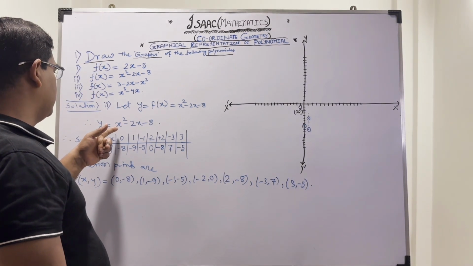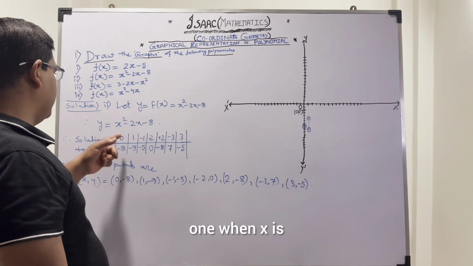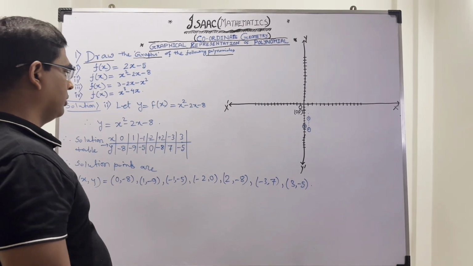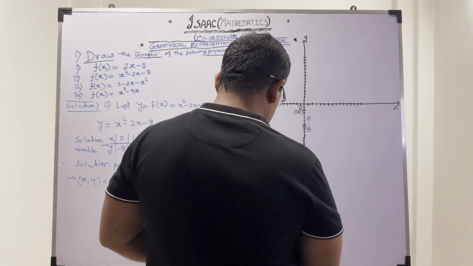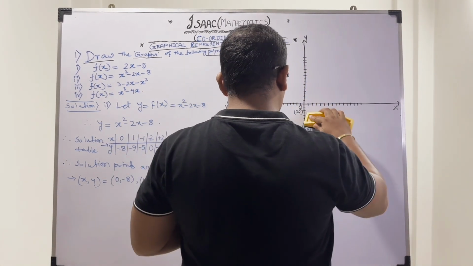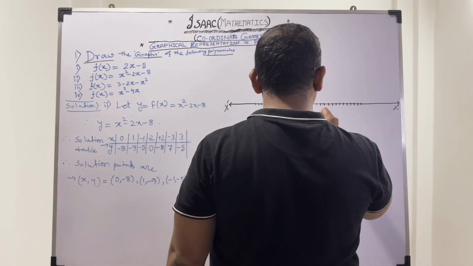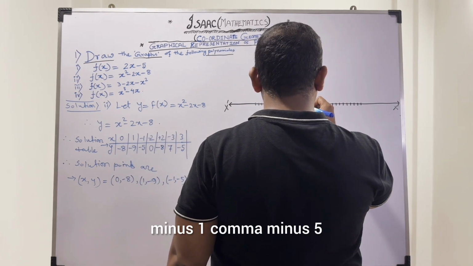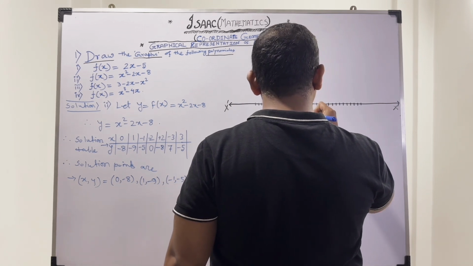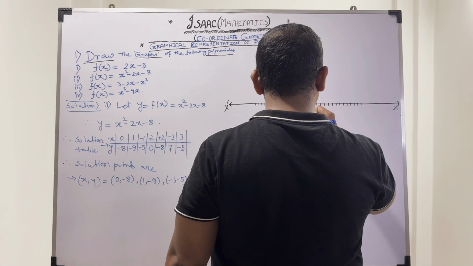Plus 1, when x is 1. Minus 1 comma minus 5. 1, 2, 3, 4.